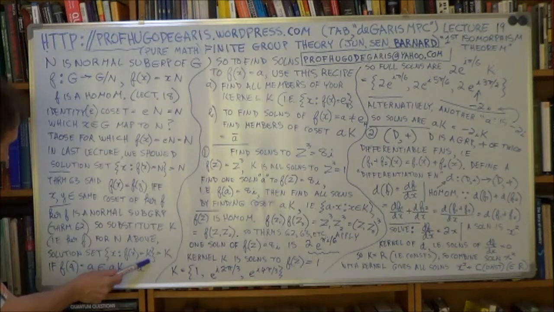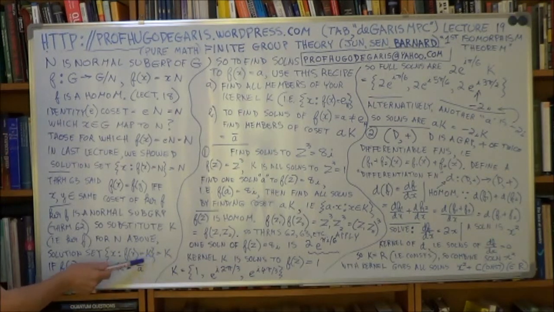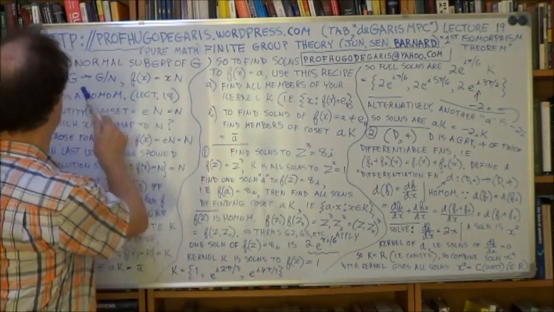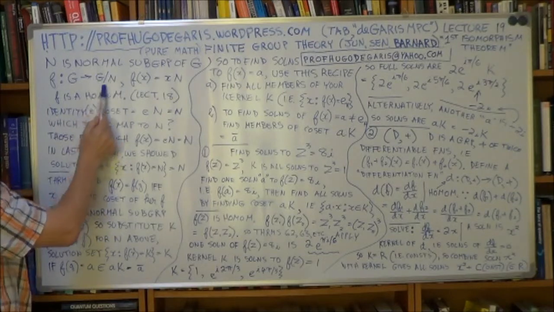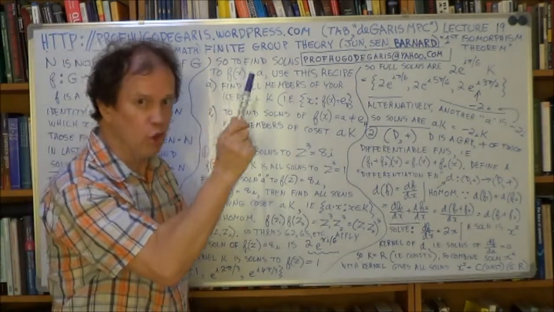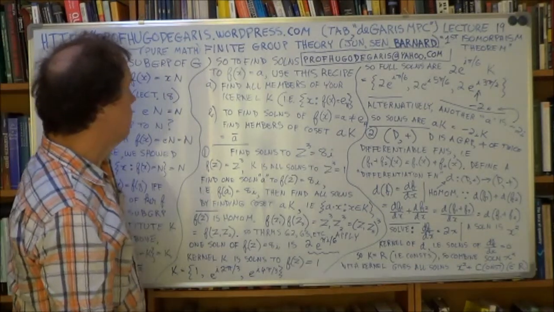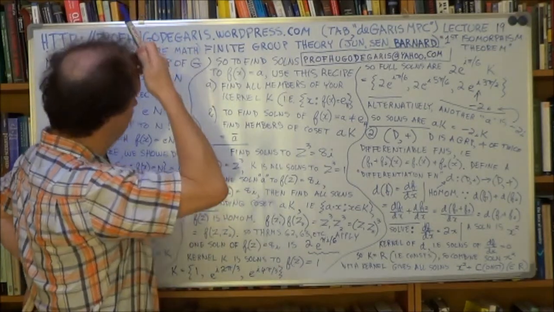So find the members of your kernel. They're all elements in your G that map to the unit of H. So that's your first step.